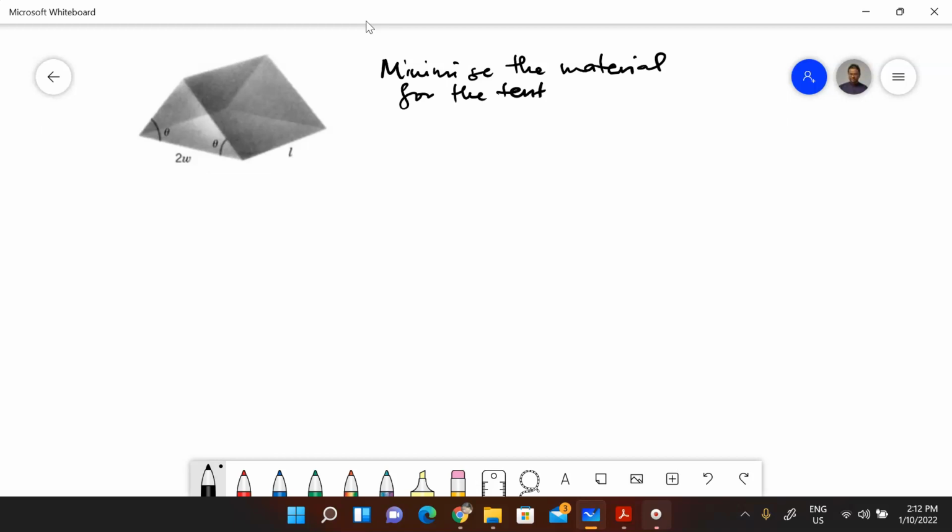So we have done this. Essentially the thing to be extremized is your area. The area is given by, let me just work it out. Since we have done it, I'll just write the answer.